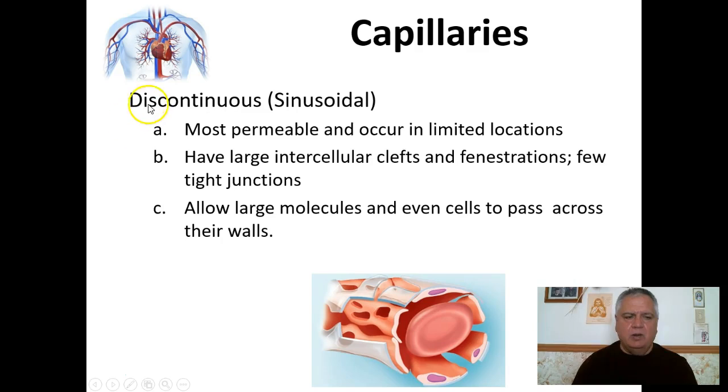They get their name, by the way, from the fact that we can see here the basal lamina. There are even gaps in the basal lamina, so the basal lamina isn't continuous all the way around the endothelium. And sinusoidal, these large clefts are often referred to as sinuses because of their size.